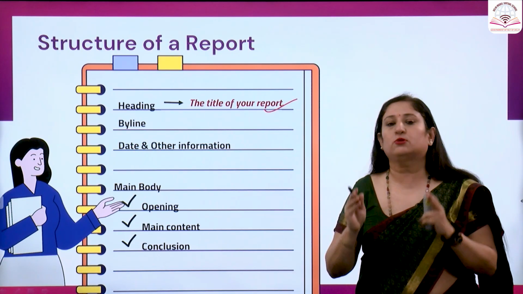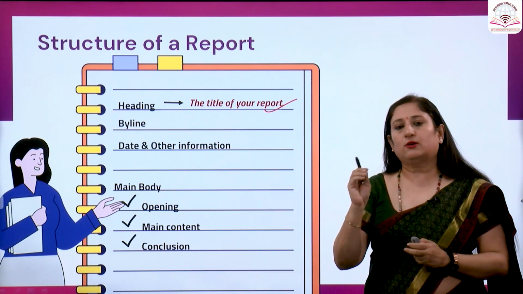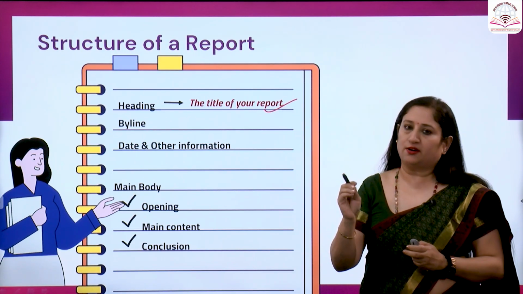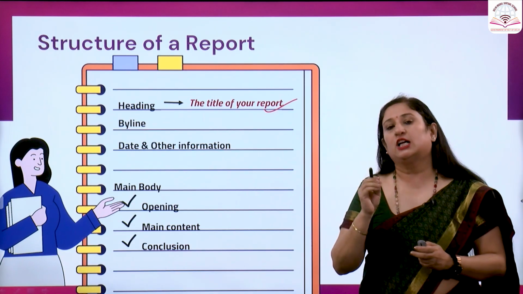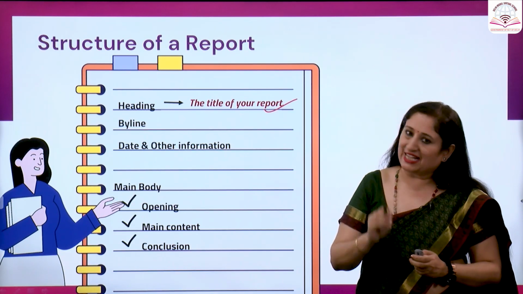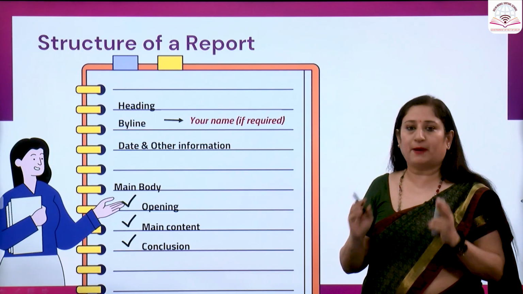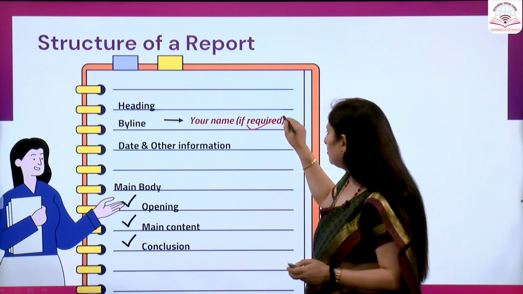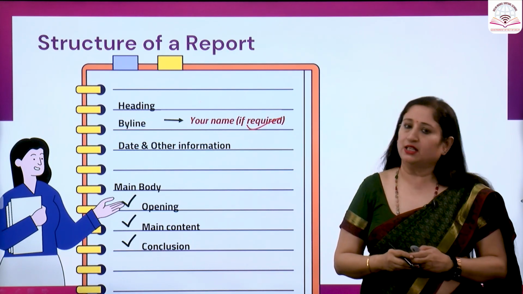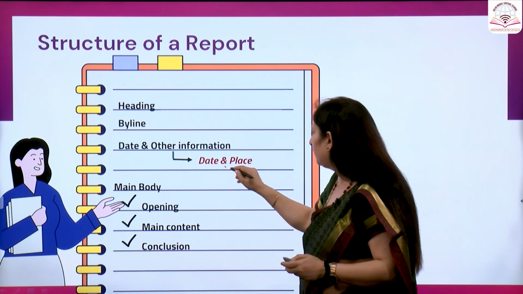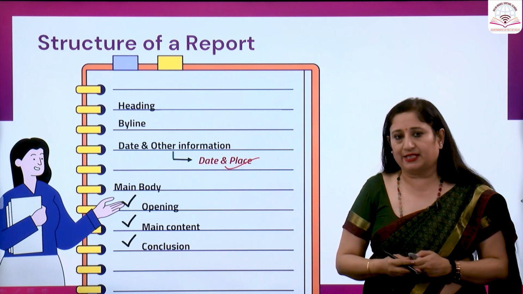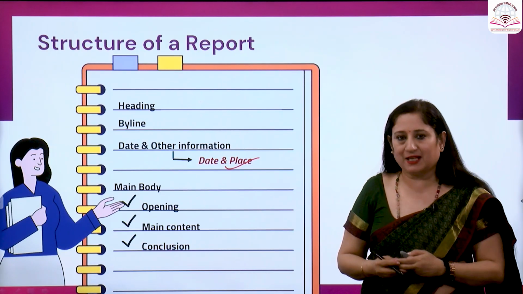Whenever you start with report writing, you have to give it a title or a heading. Need not mention, it should be suitable and catchy as well. Next is the byline, where your name should be there. Next comes the date and other information, where you can write down the date and the place even.